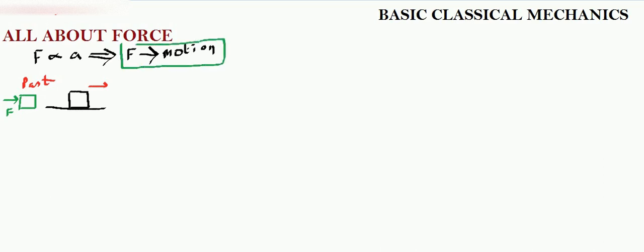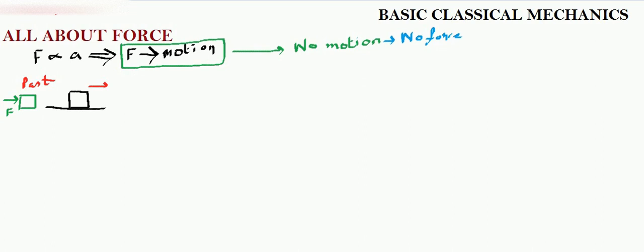So one thing is for sure, that force creates motion. So what can be the reverse? The reverse is, if there is no motion, there can be two things. One, there can be no force at all. That you know directly.